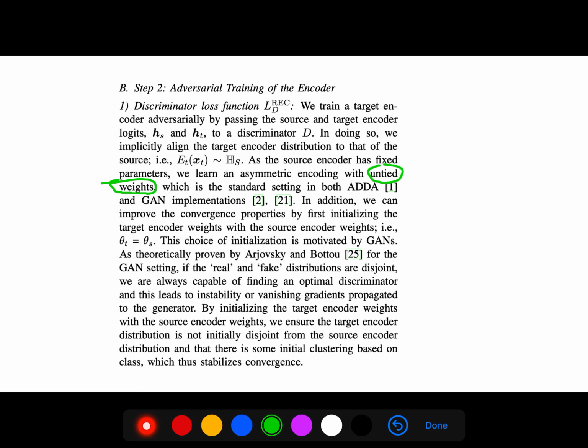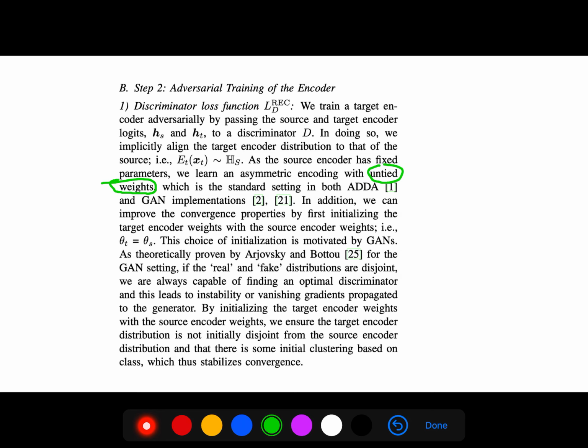So, as theoretically proven, for the GAN setting, if the real and fake distributions are disjoint, we are always capable of finding an optimal discriminator, and this leads to instability or vanishing gradients propagated to the generator.